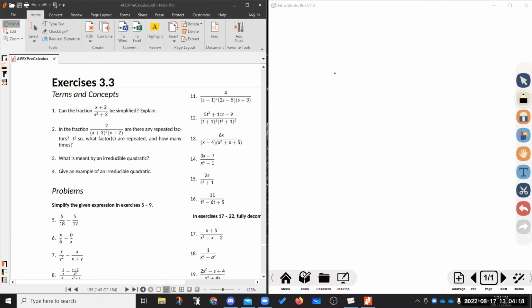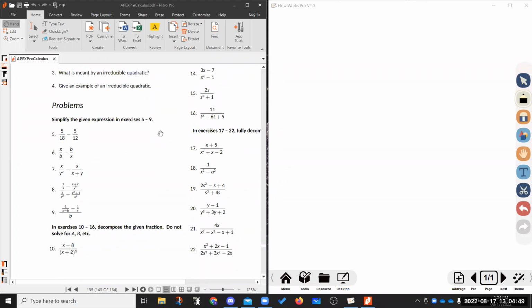You can do that sometimes, but you're not going to want to do that when you don't have to. You're going to leave that quadratic. You're definitely going to have an irreducible quadratic such as x squared plus 2 when it only factors over the complex numbers. So a good example of an irreducible quadratic is right there, x squared plus 2. So we're going to leave that alone when we see something like that.